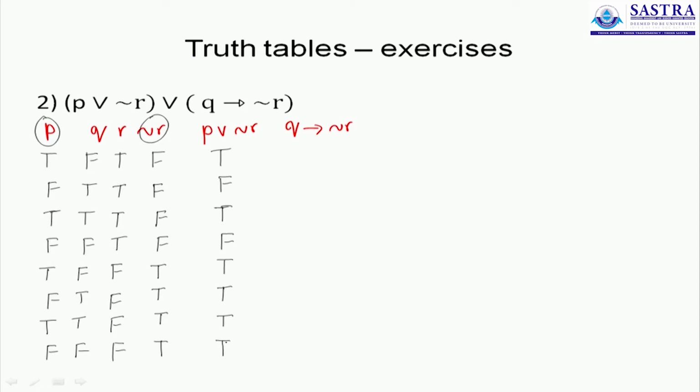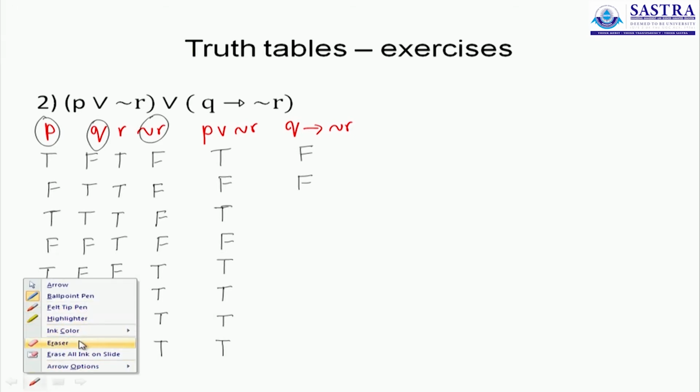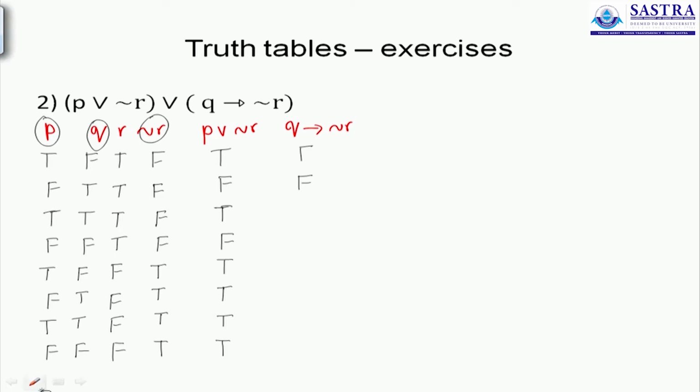Now let's go for a conditional between the second column and the fourth column. False and false will give us true, true and false will give us false. First one will in fact be a true value, because for a conditional we learned that a false value is returned only when the hypothesis is true and the consequence is false.